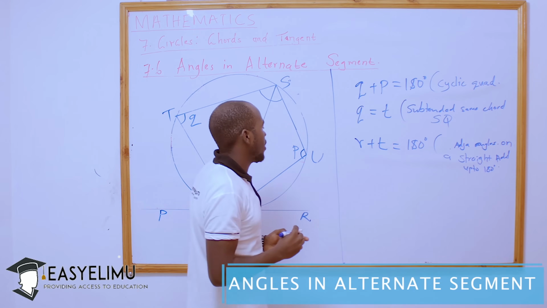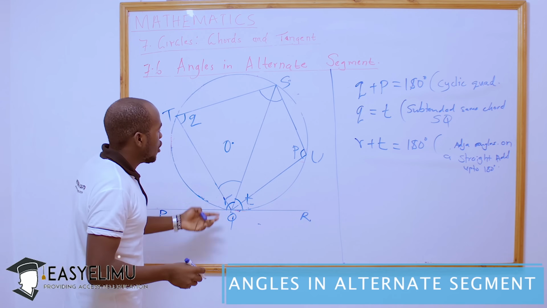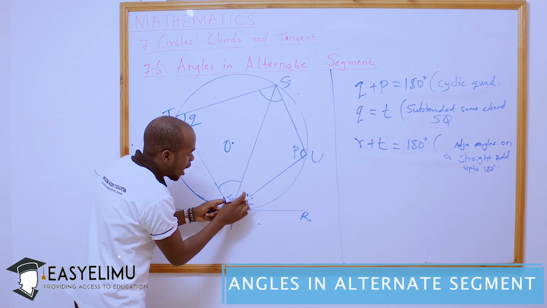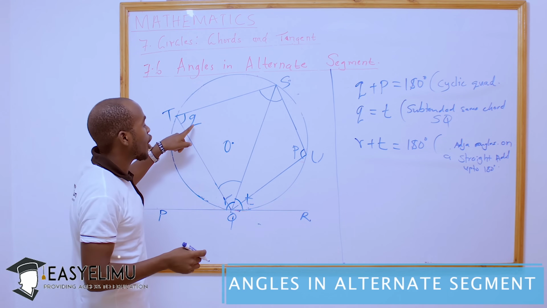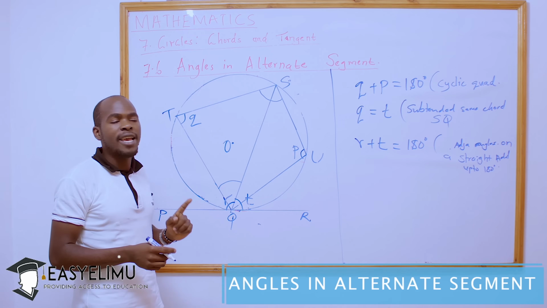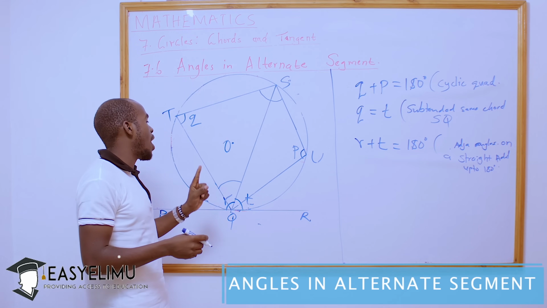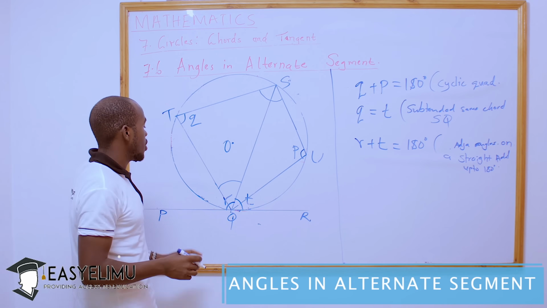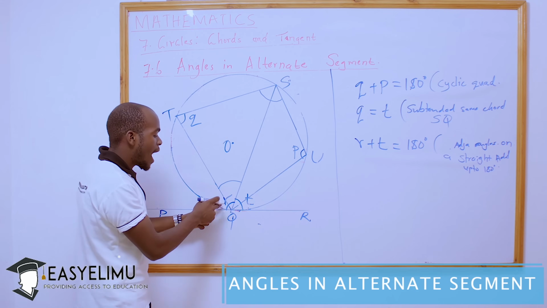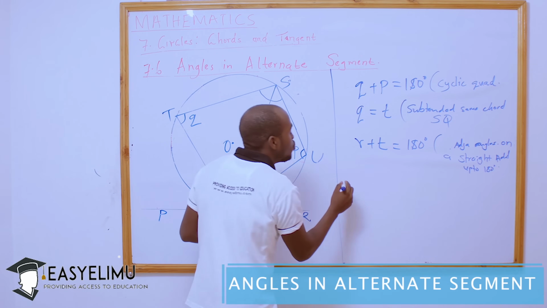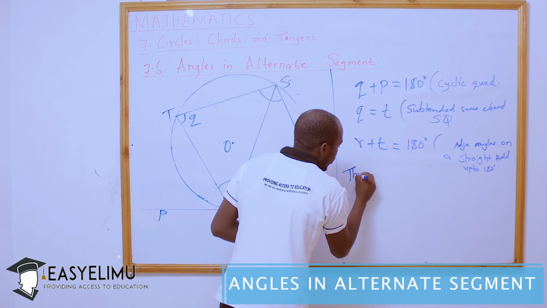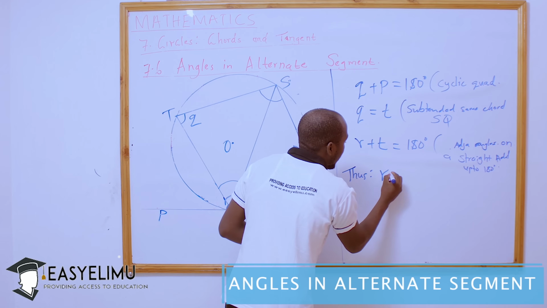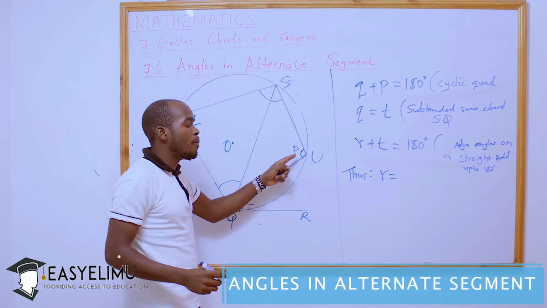So if angle T is equal to angle Q, subtended by the same chord SQ or in alternate segments, that means angle R will be equal to angle P. Thus, angle R is equal to angle P.